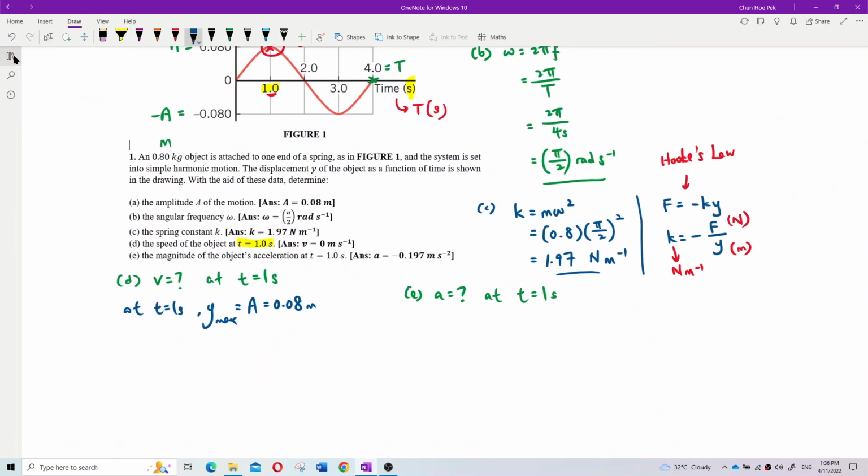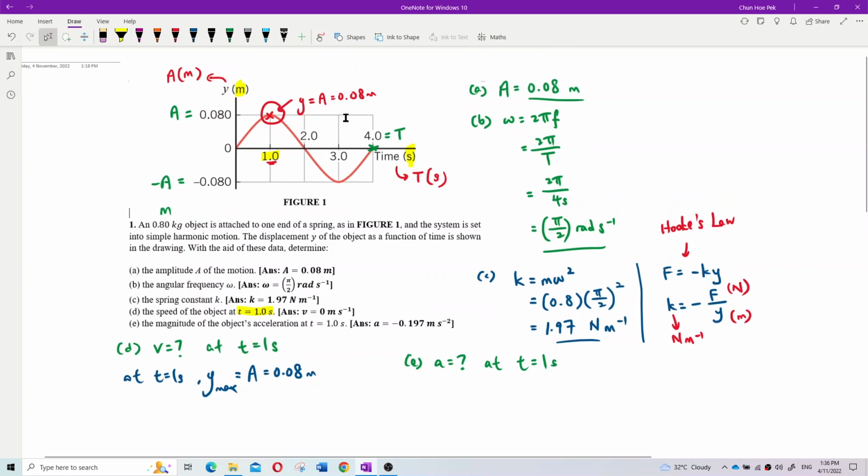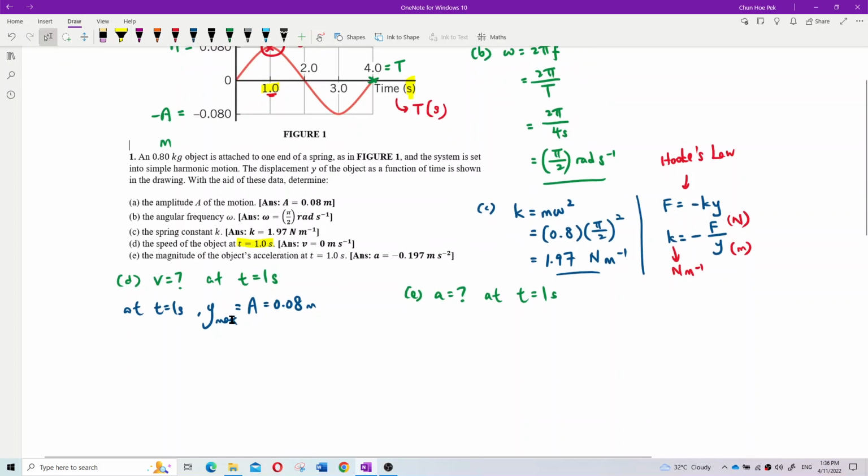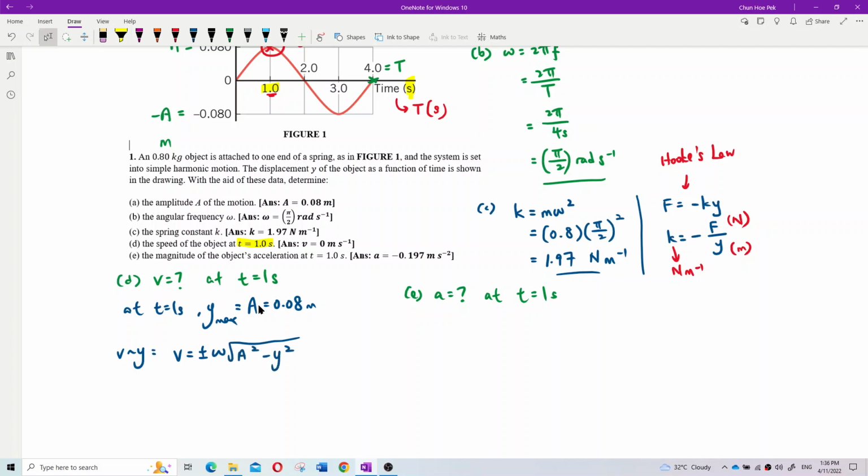So because we already have the displacement from the graph at 1 second, use the velocity-displacement formula: v equals plus or minus omega square root of a square minus y square. But do you notice that now y is equal to the amplitude?